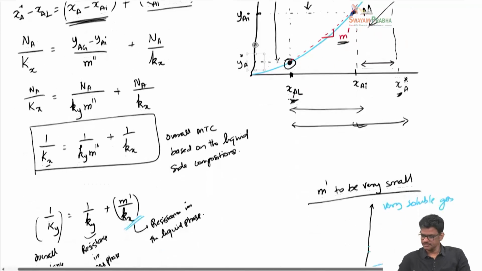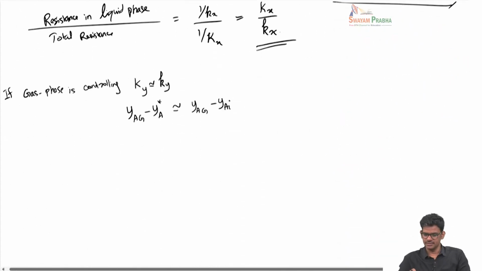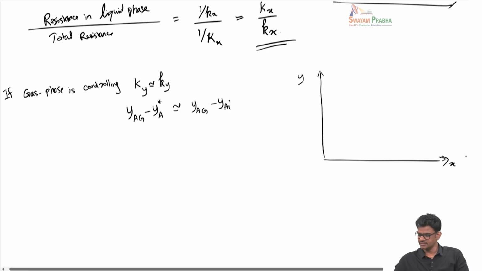Right? Let me just draw that here. So if I have y versus x and I have a line which is very small in slope, my point P is somewhere here corresponding to YAG.